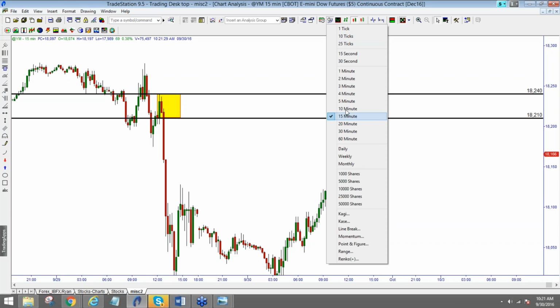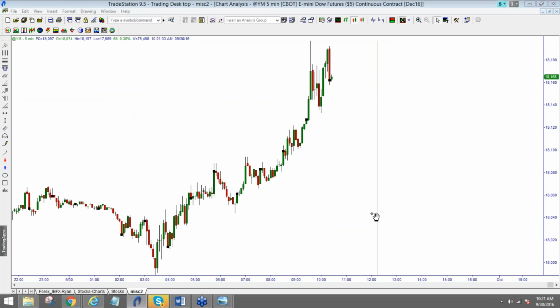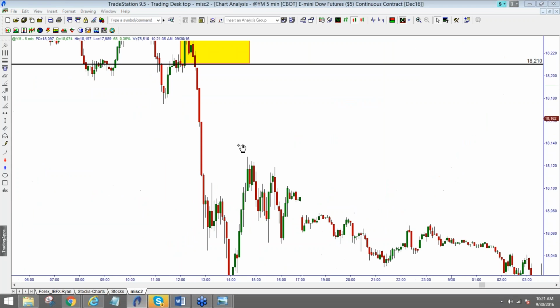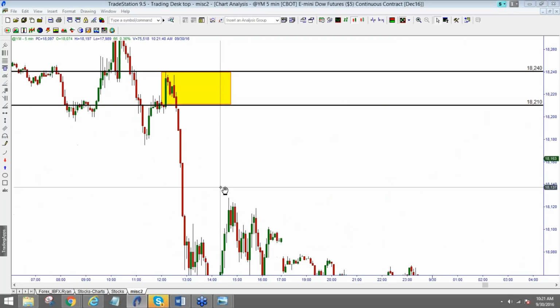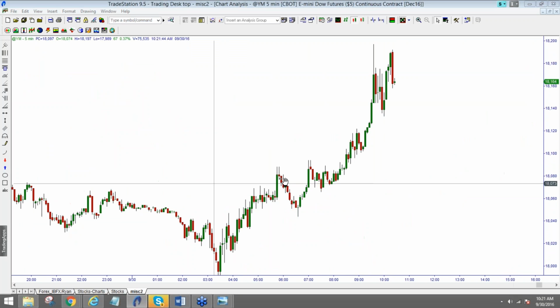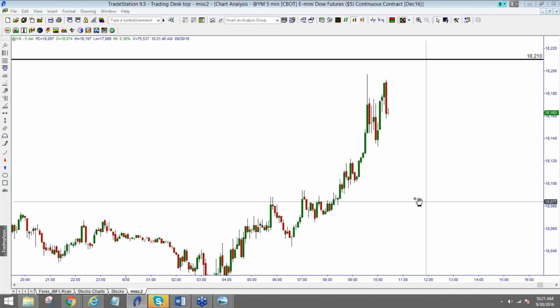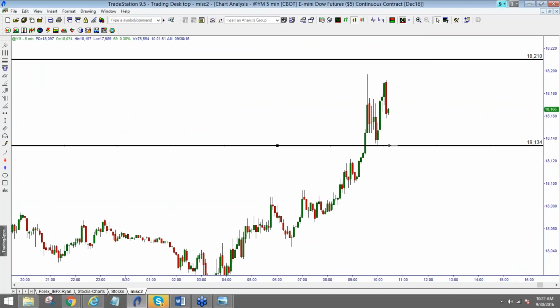I could drop this to a 5. It looks very much less good, so let's see. No, if you're a day trader, this looks good.